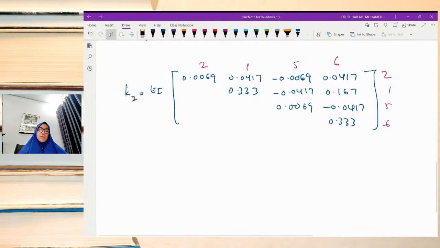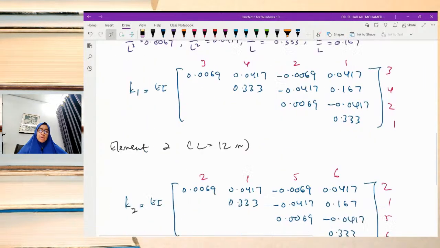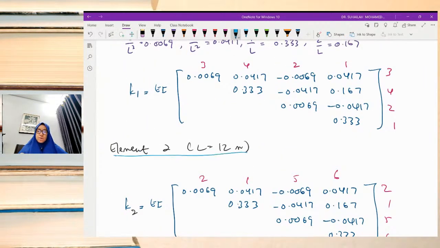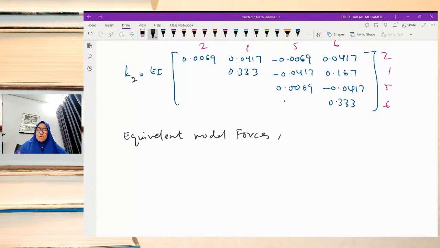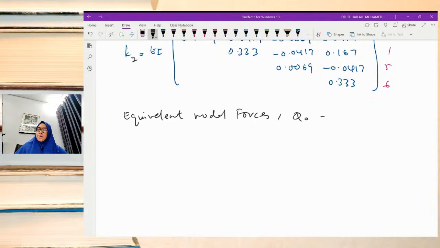Now we move to equivalent nodal forces, nodal forces Q naught. And this we get from Q small letter for each element, so Q1 naught plus Q2 naught.